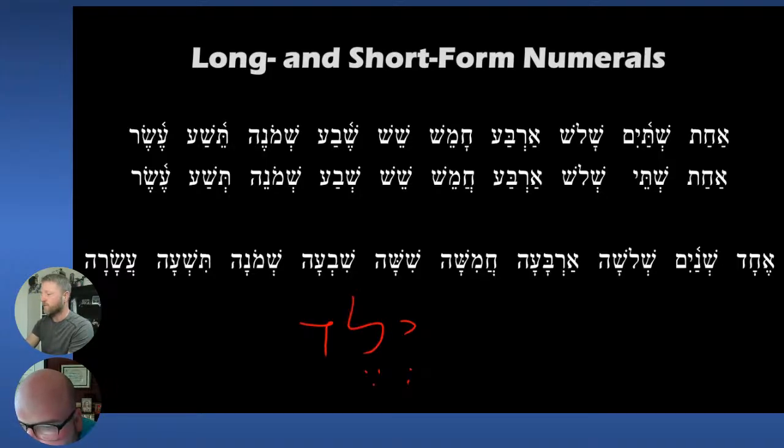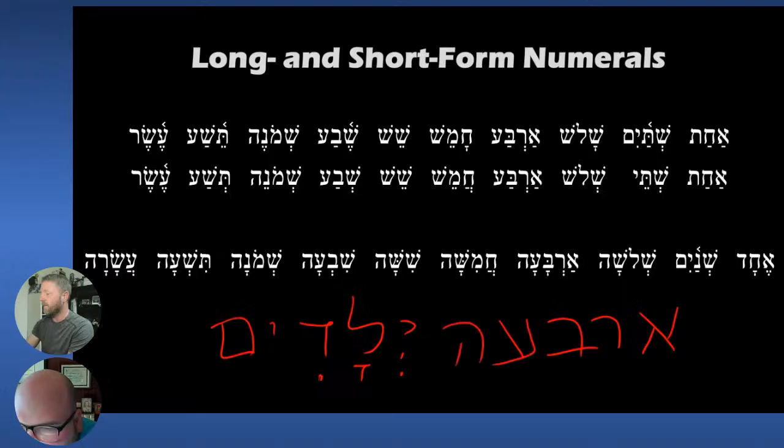And so it felt better in the language, I think, that even when you make it plural, yeladim, when you add the number, you're going to give it the longer form, arba'a. Arba'a yeladim. So you use a longer form with masculine nouns because masculine nouns are normally shorter, and a shorter form with feminine nouns because feminine nouns are normally longer. And it gives a kind of balance to the language.